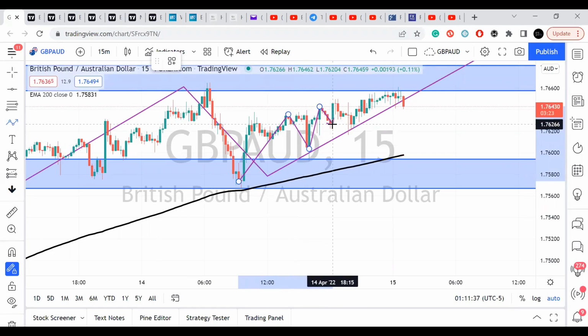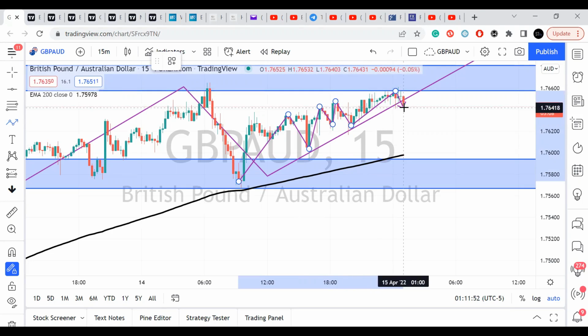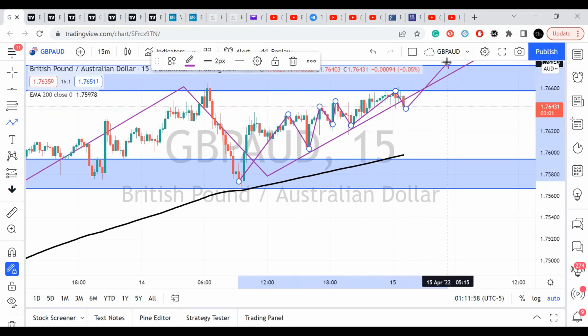We have this low. Price did a 100% pullback here, then there's a continuation to the upside. We don't have two candles here. But you see that we still have buyers in this market. So this might just be a pullback before giving us the buy continuation.